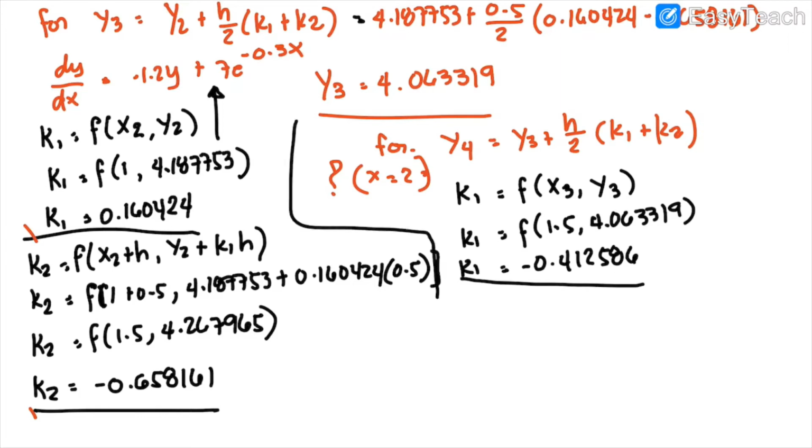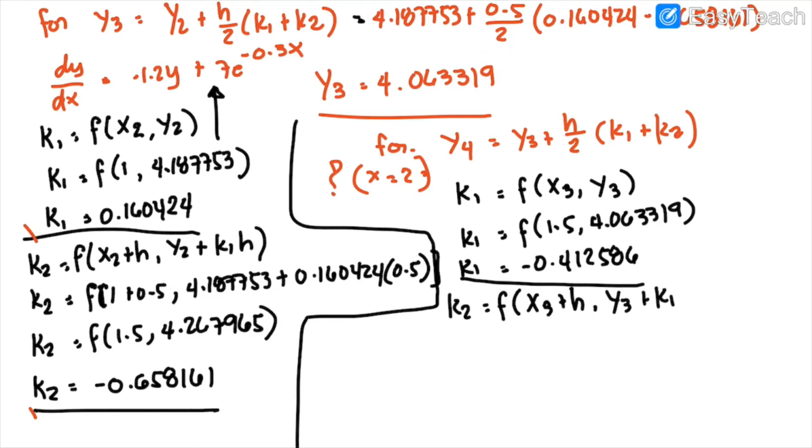So for K2 under y4, K2 is basically f of x3 plus h, y3 plus k1 times h. Direct substitute ko na po, kayo na maglagay sa inyong calculator. So the function of x now is 1.5 plus 0.5, that is 2. Then for y3 plus k1h, y3 4.063319 plus k1 of negative 0.412586 times 0.5.